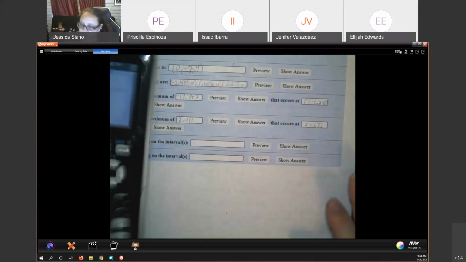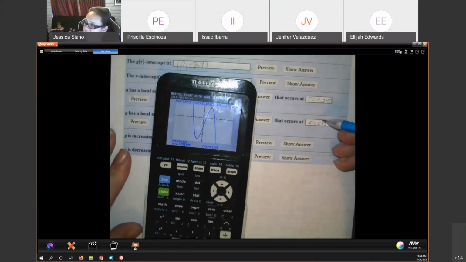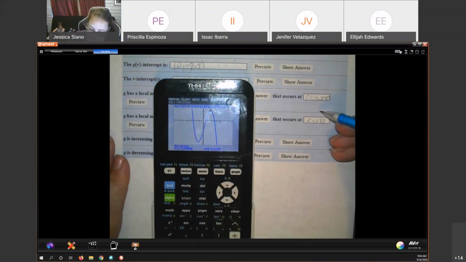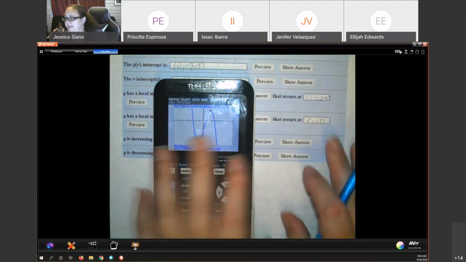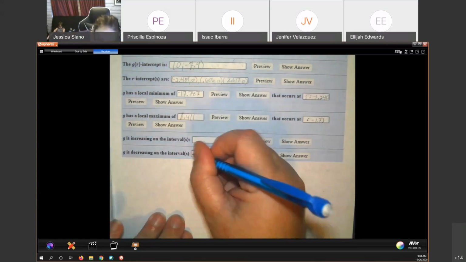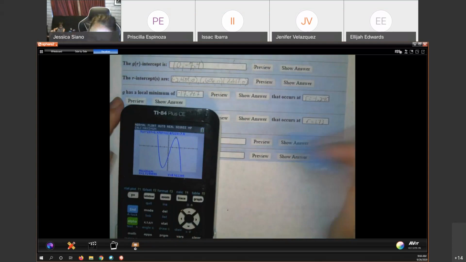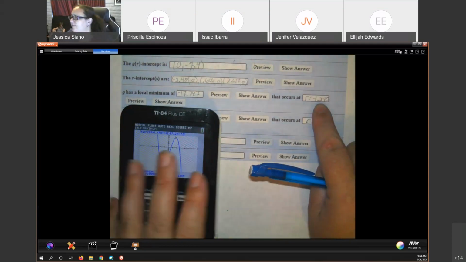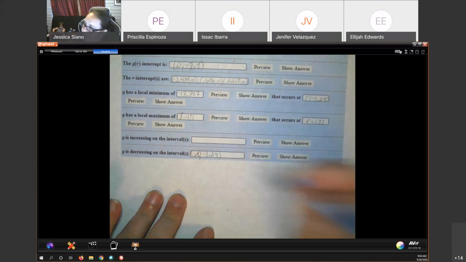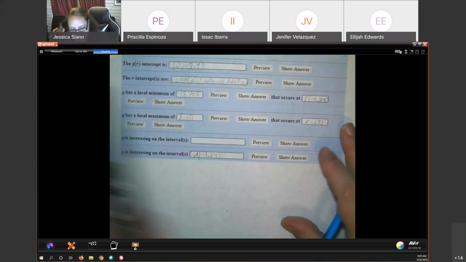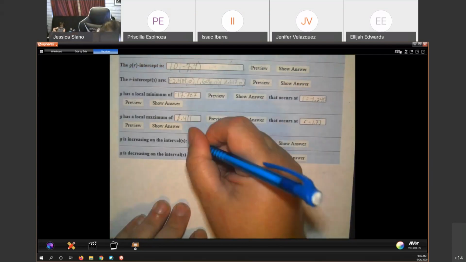All right. Now, these are the numbers that we need for increasing and decreasing. The first section of the graph is decreasing. It starts decreasing at negative infinity. And it stops decreasing at that minimum. And then it starts increasing. So it starts increasing at that minimum.